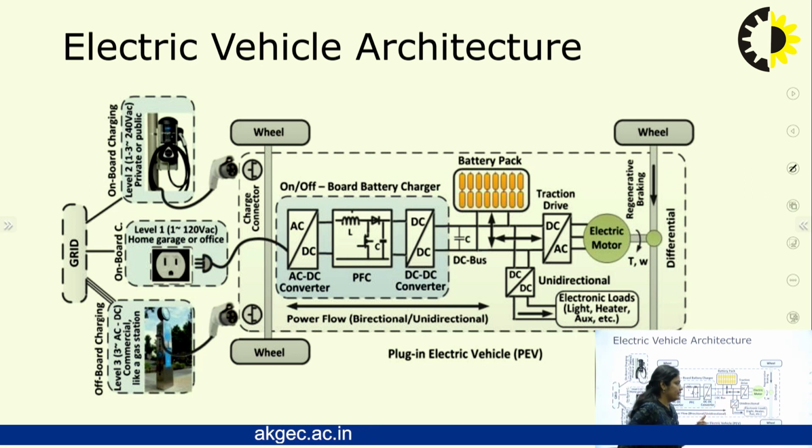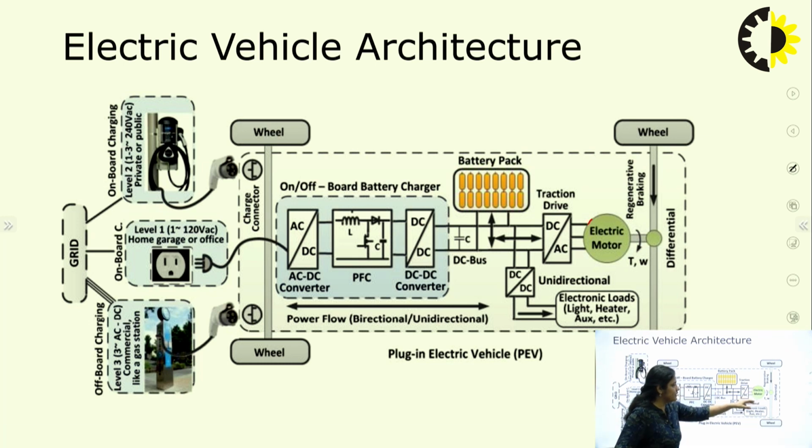Because they fulfill the torque requirement of the vehicle. The power is given to the electric motor through the DC to AC inverter. So the main components of the electric vehicle are the electric motor and the battery, right?